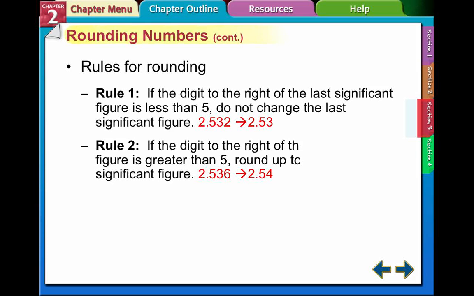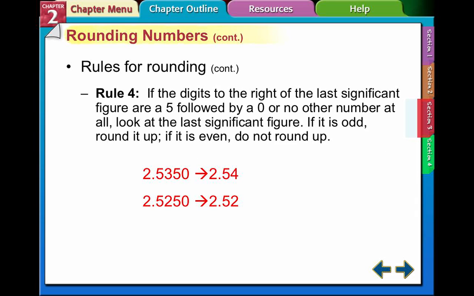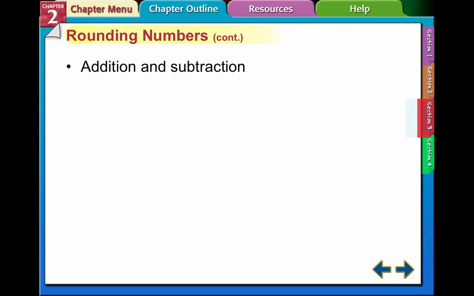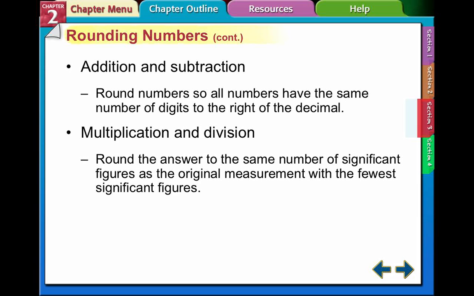I'm going to let you read through these. In addition and subtraction, round numbers so all numbers have the same number of digits to the right of the decimal. When you're multiplying and dividing, round the numbers to the same number of significant figures as the original measurement with the fewest significant figures. So we need to be really good at determining how many significant digits it has.